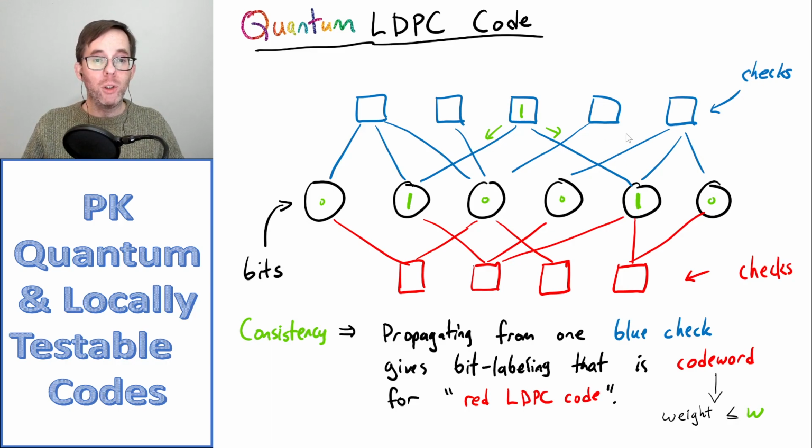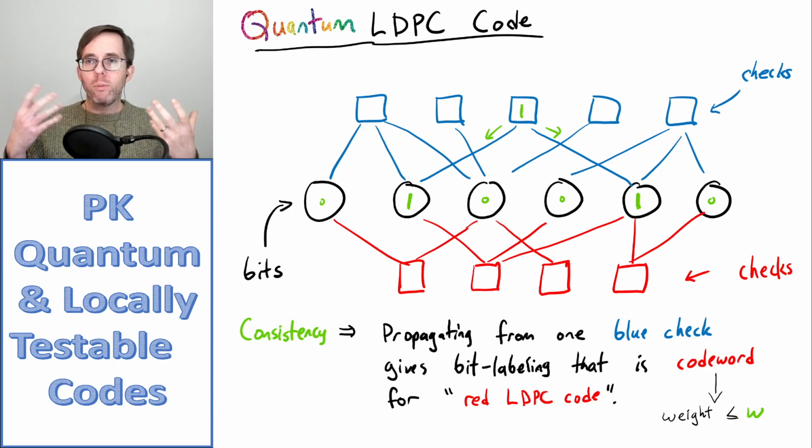This will happen for every blue check. But also, since the blue one is an LDPC code, all of these code words that you get by propagating from a single blue check have Hamming weight W, or at most W, which means that the red LDPC code at the bottom will have plenty of code words of extremely low Hamming weight. They'll have plenty of code words of Hamming weight at most W.